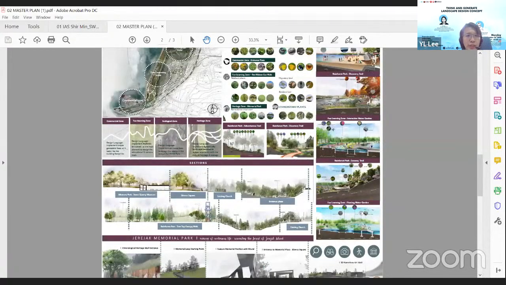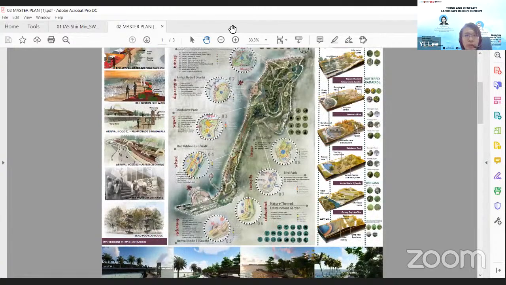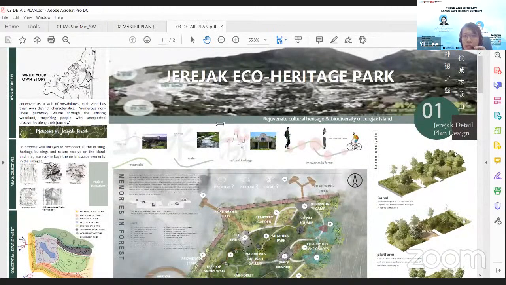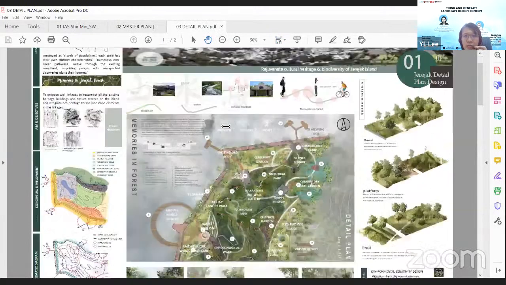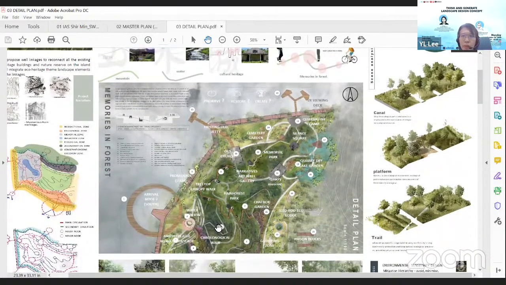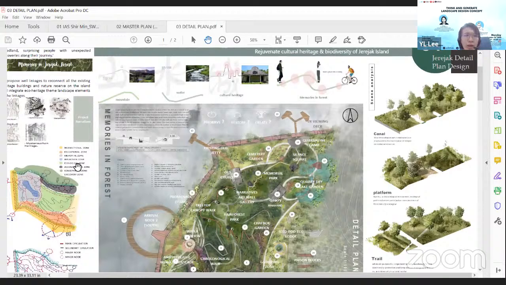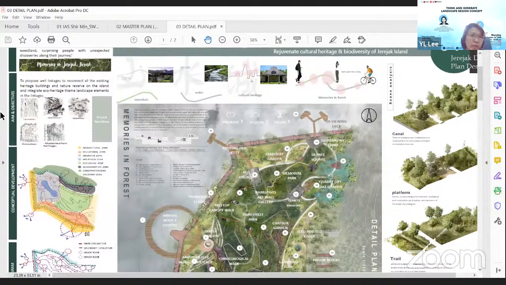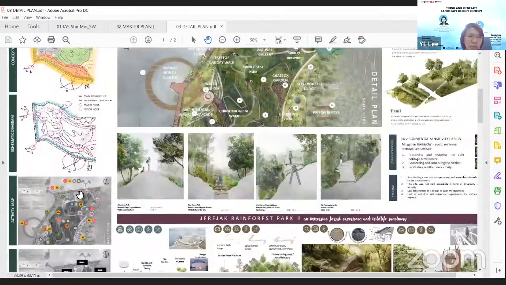I would like to show you her detail area as well. Okay, this is her detail area site. Her focus is more on the memorial forest. So she blew up her site area in detail. Okay, it is your own initiative when you do your design, besides elaborating on the concept part. Normally you will write your design aims, concept, or the schematic plan.